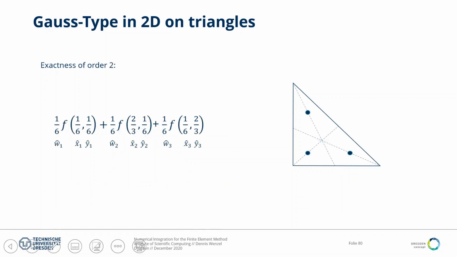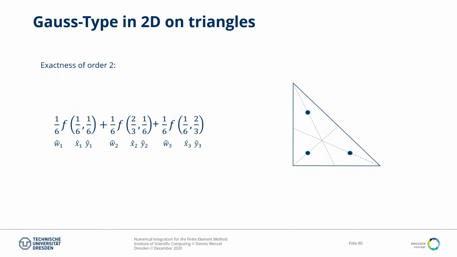Now we can also go to higher orders. I'm not going into details on the computation, but it's done in the exact same way. The only thing is that it is a bit of a bigger system that you have to solve. Here you see that if you want to have exactness of order 2, you need 3 points. And yeah, of course also the weights, the corresponding ones.